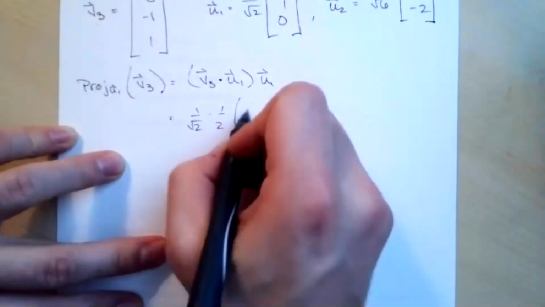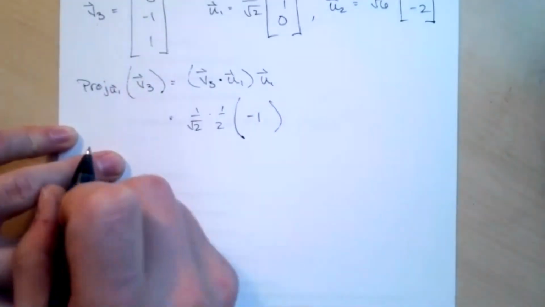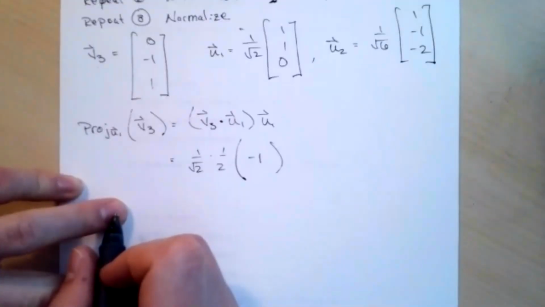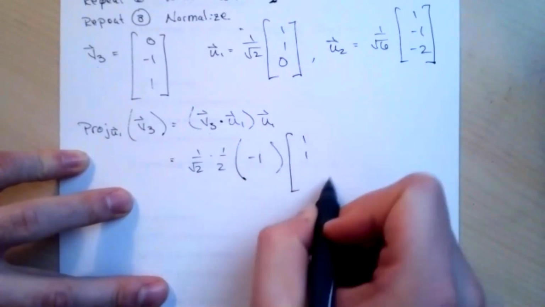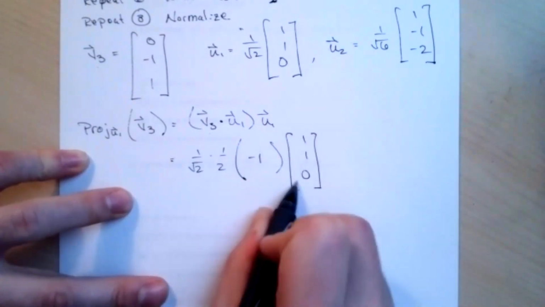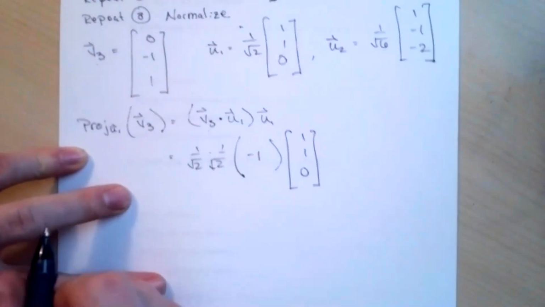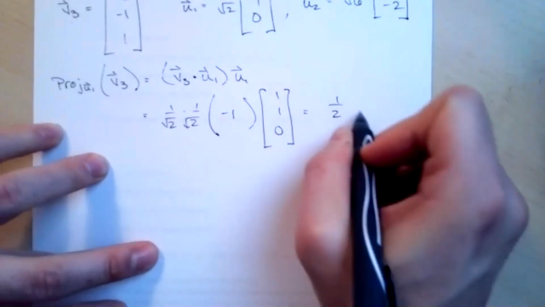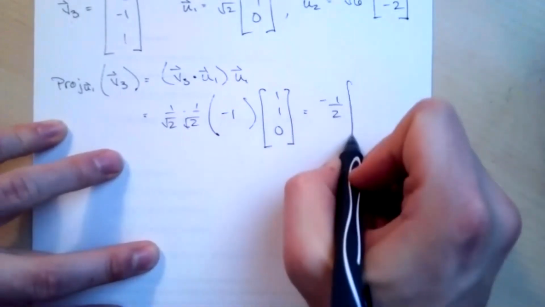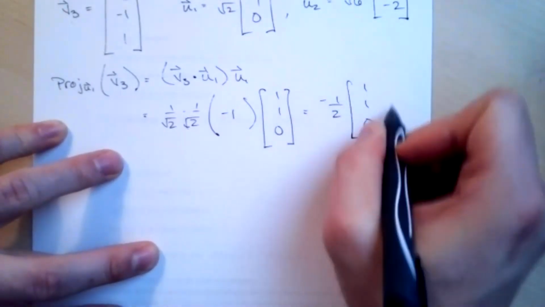Then the dot product of the vector components gives us a -1 in the direction of U1. And again, that scalar was here. So all in all, we've got 1 over 2, -1/2 times 1, 1, 0.